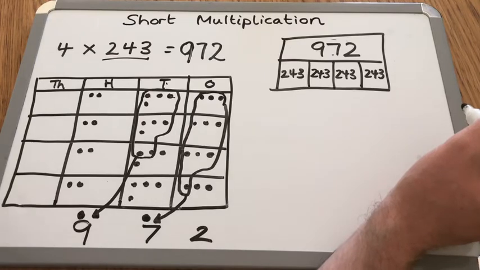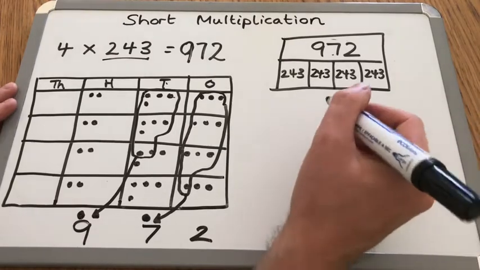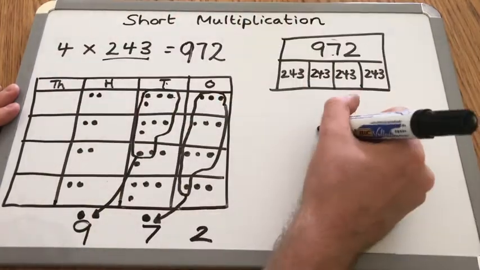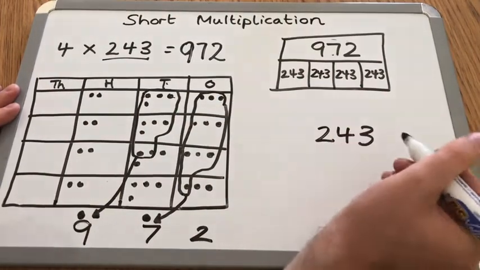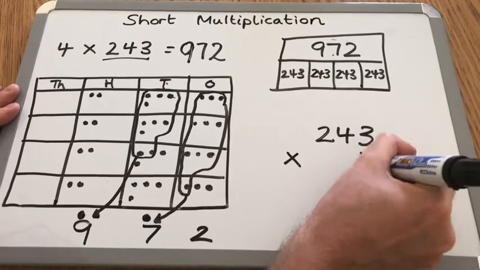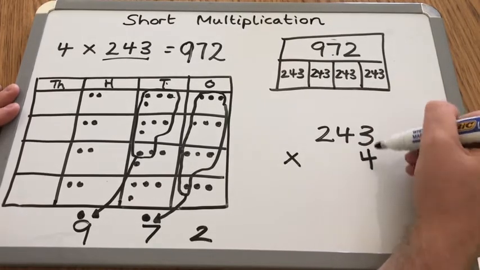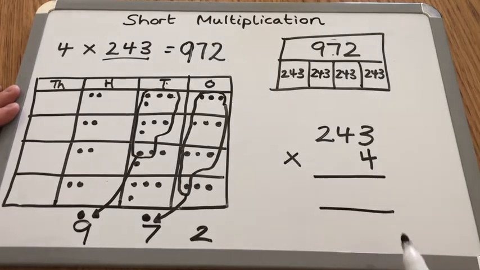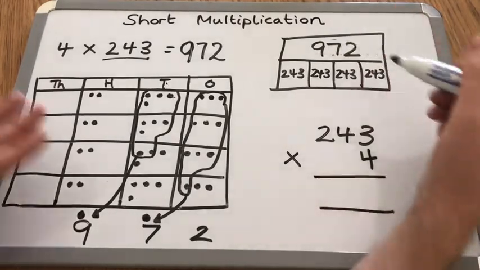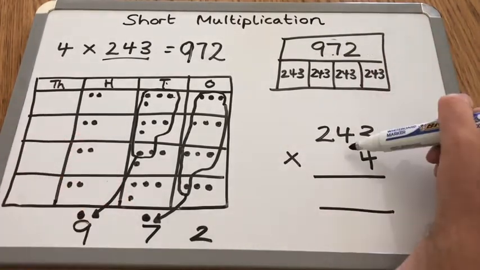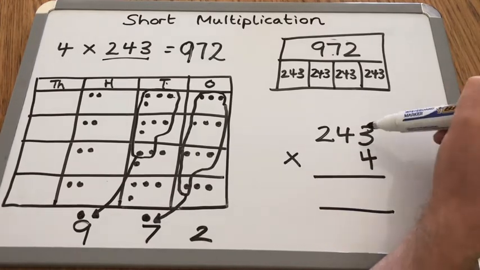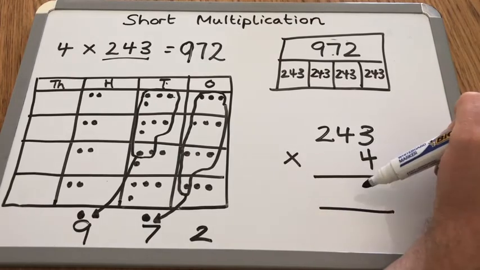Let's have a look at this on the short multiplication written method. So we're going to take our part, 243, and we're going to multiply that by 4, because the 4 goes in the ones column because it is just a 4. And we need our equals. And now we understand the values from earlier, we can literally just think of these as single digits when we do it, which makes this calculating simpler.